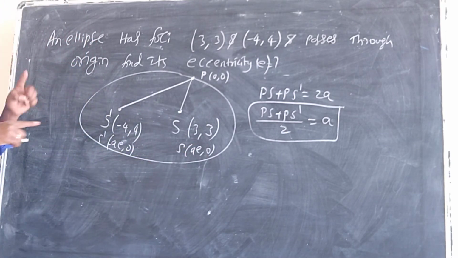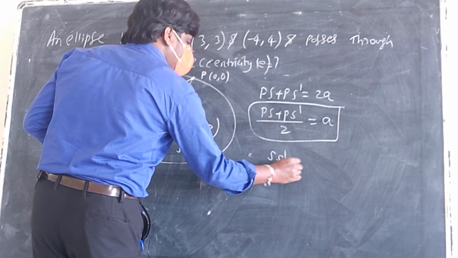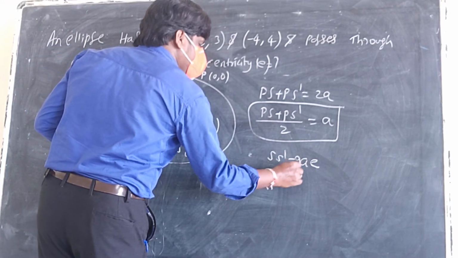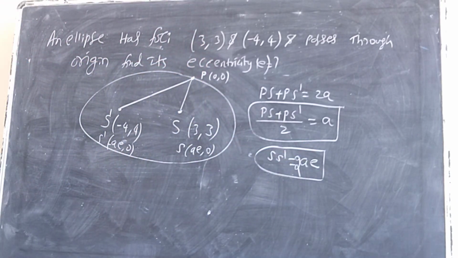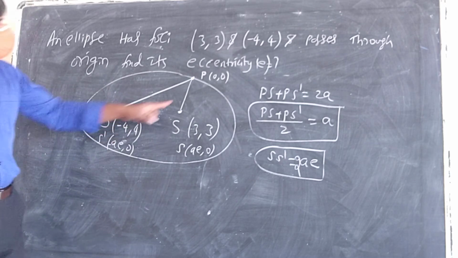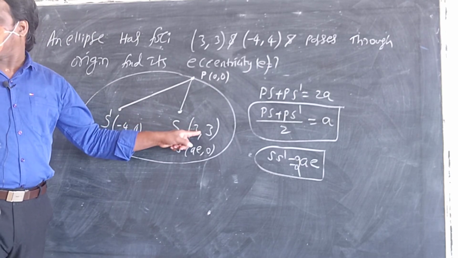Then the distance between S and S dash will be 2AE. Using this concept, we can find the eccentricity.